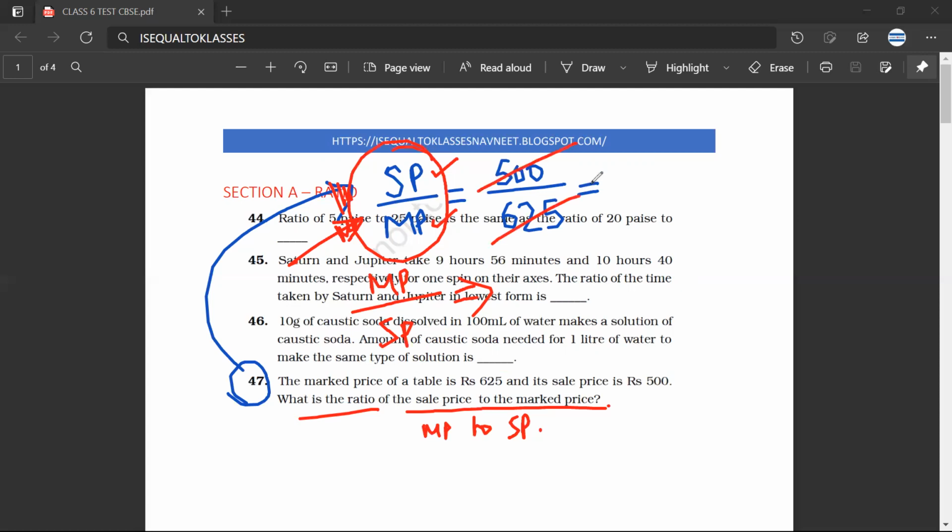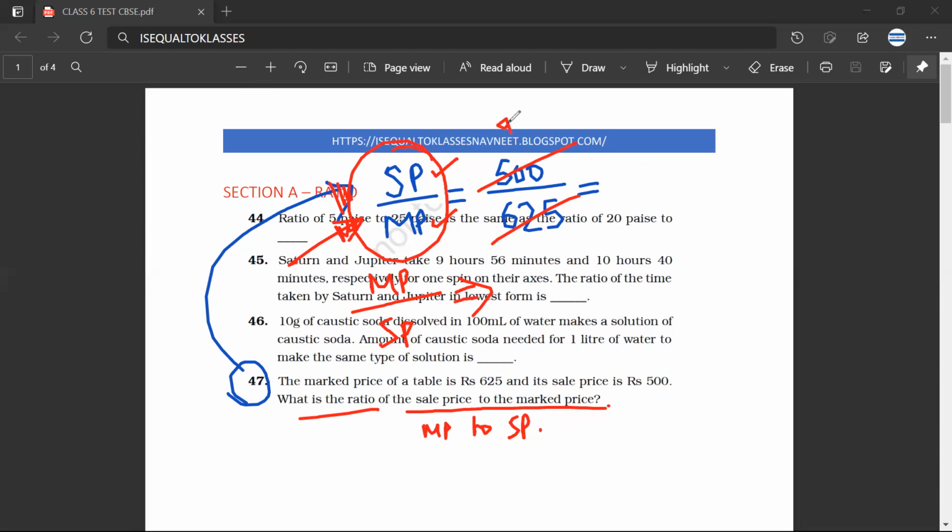So how can I cancel, Mr. Sarthak? Yes, sir, you can cancel. Which number should I take? So I took 5. Any bigger number that I can take? So you can take 25.